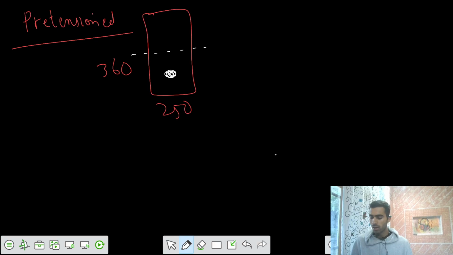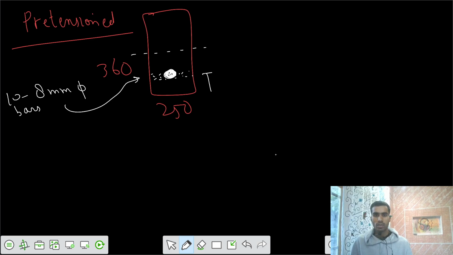We have 10 bars of 8 millimeter diameter at this location. Let's represent the CG of those bars. This is the location from the soffit, 105 millimeters, the CG of those wires.